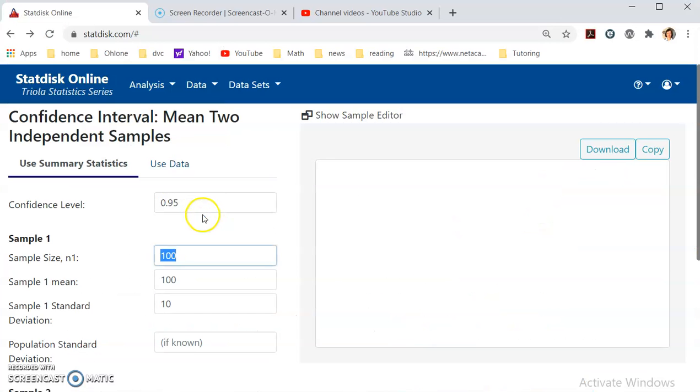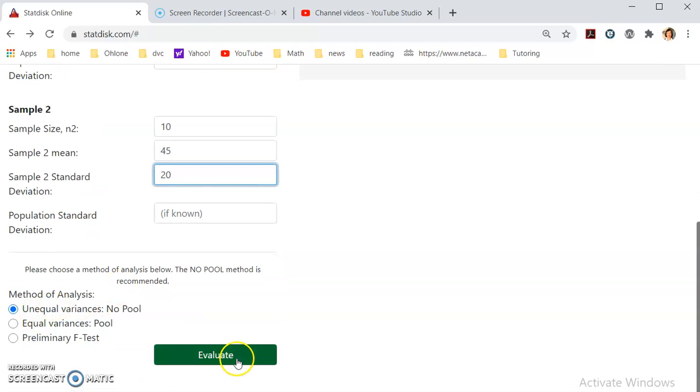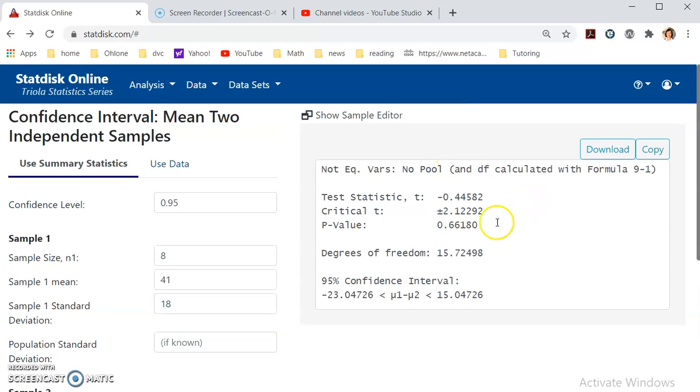And we don't need to give claims. So confidence interval is really convenient. You just put your sample here, 41, 18. Sample 2 is Ever-Ready, 10, 45, 20. Okay, and also we do unequal, no pooling of variances.